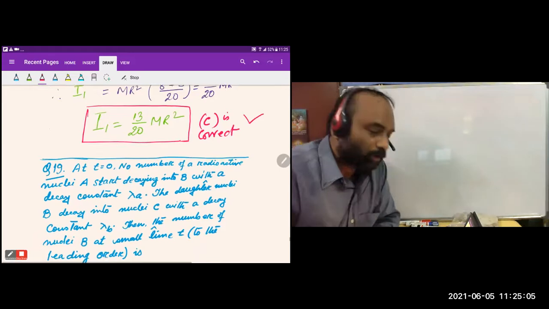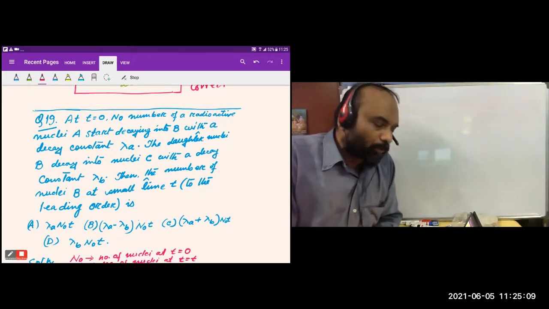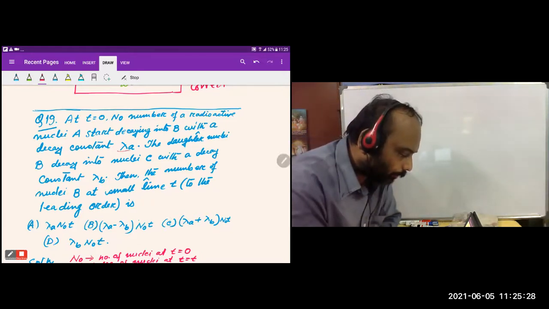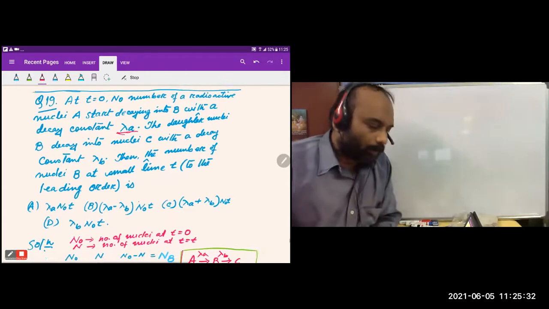Next problem, question number 19. At t equals 0, N naught number of radioactive nuclei A start decaying into B with a decay constant lambda A. So B is the daughter nuclei.